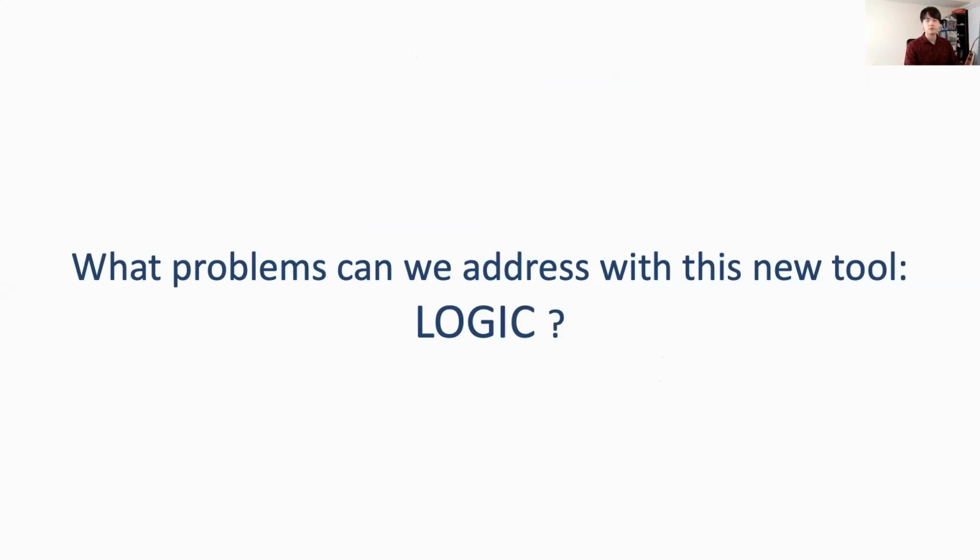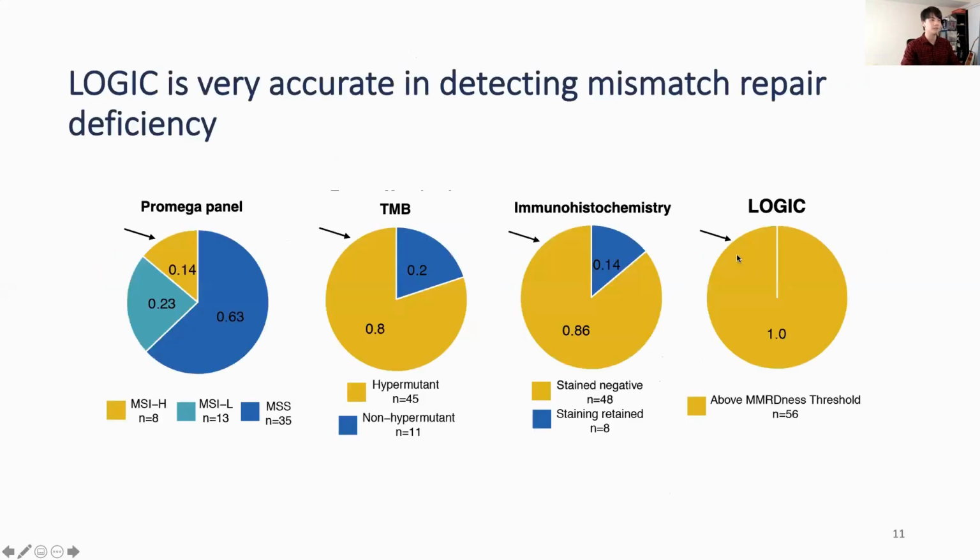In order to do that, we wanted to first compare the efficiency and the effectiveness of Logic as a tool in detecting mismatch repair deficiency in tumors. I just want to direct your attention to the right side, where we used Logic on 56 tumors and were able to detect mismatch repair deficiency in 100% of the cases.